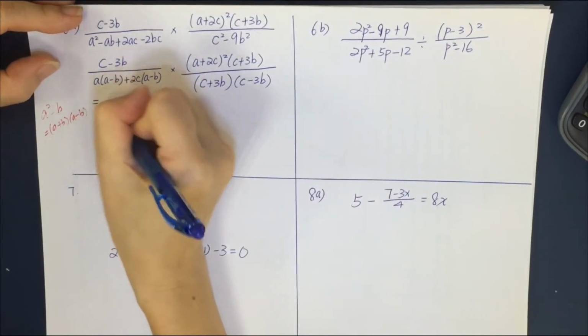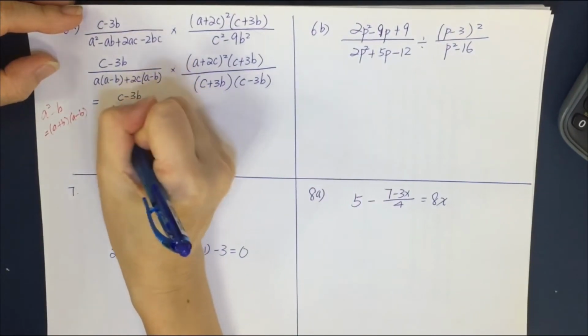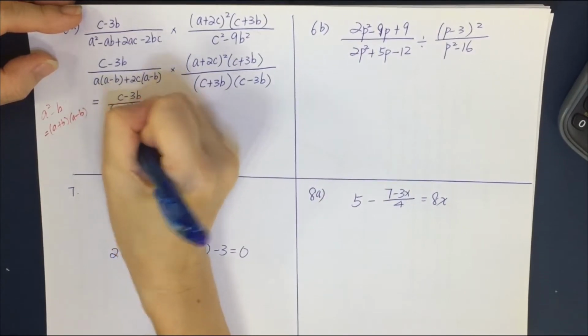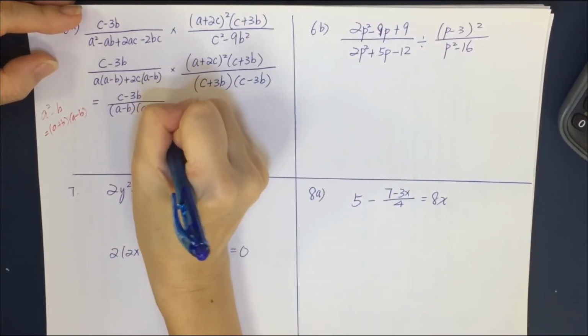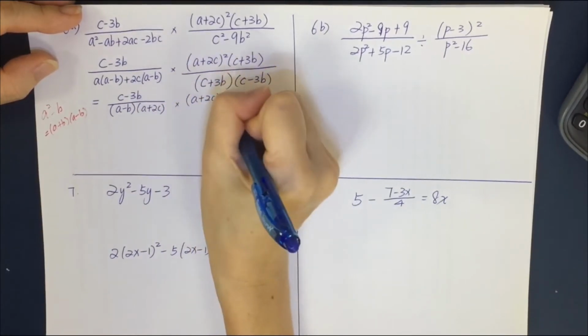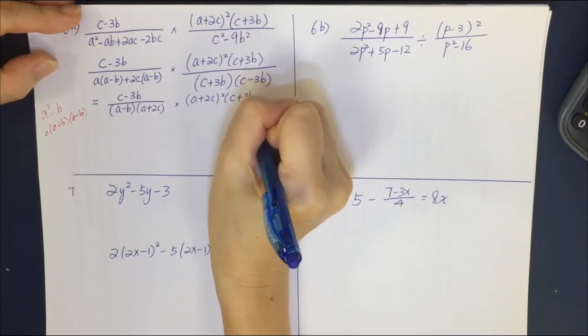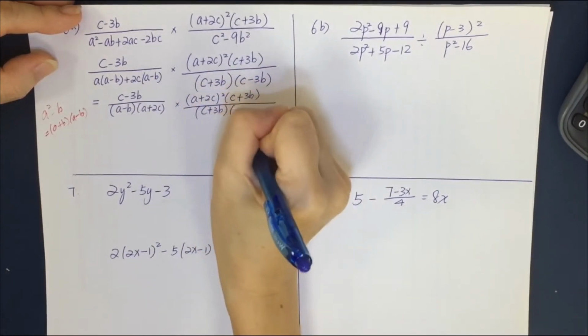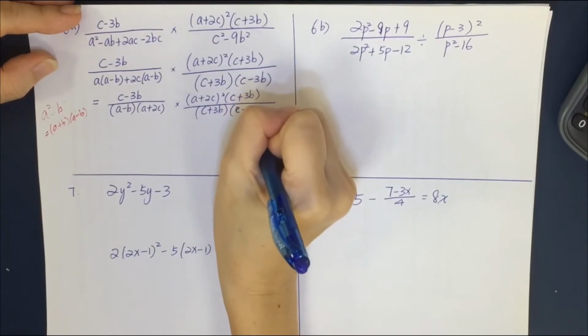I'm going to wait till the next step to do the cancellation. So a minus b is common, so I have a plus 2c times a plus 2c squared, c plus 3b, and then c minus 3b.